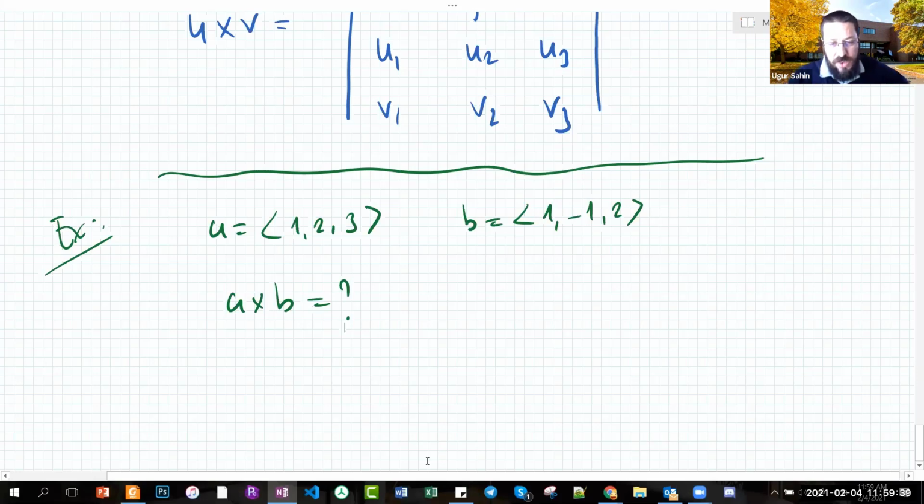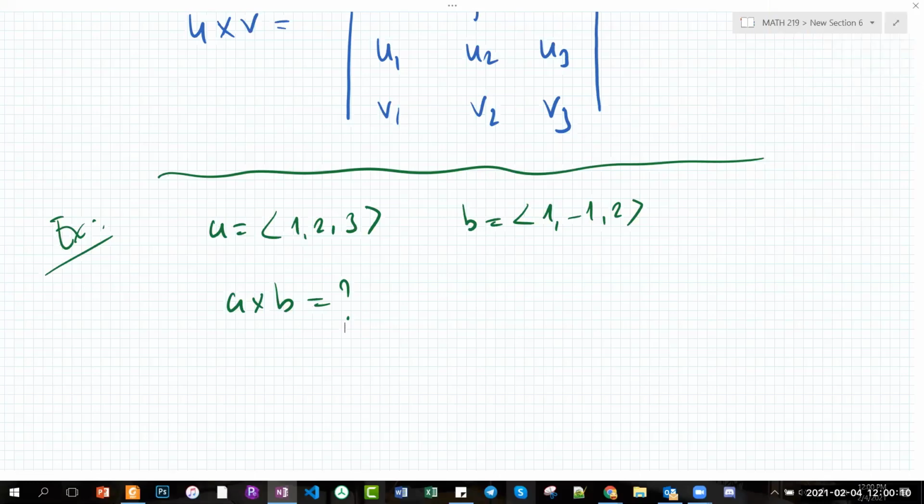You have two vectors, use cross multiplication to multiply them, but using the second definition. The vectors are 1, 2, 3 and 1, -1, 2.